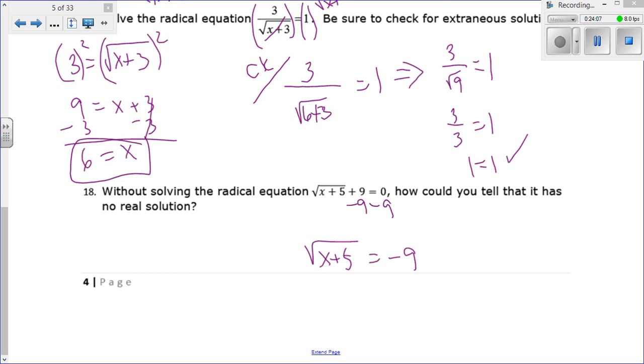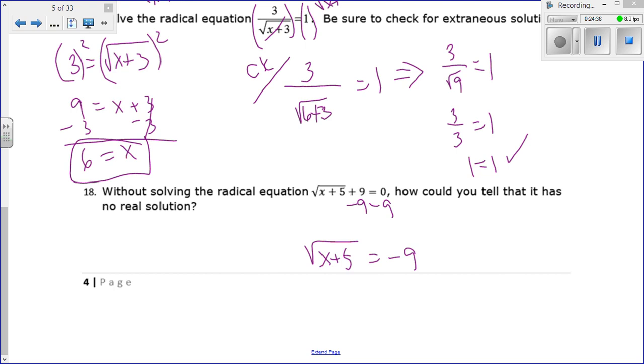Now, when you look at that, there's no way that you can take the square root of a number and get a negative answer without there being another negative outside the radical somewhere. So for me, that's all I needed to do.